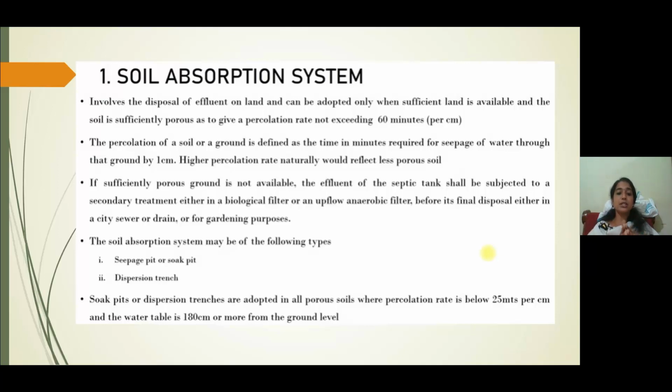Soak pits or dispersion trenches are adopted in all porous soils where the percolation rate is below 25 minutes per centimeter and the water table is 180 centimeter or more from the ground level.